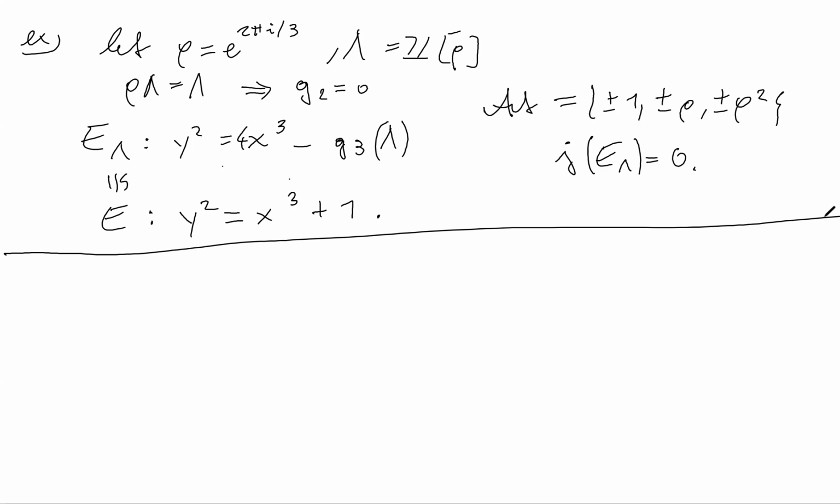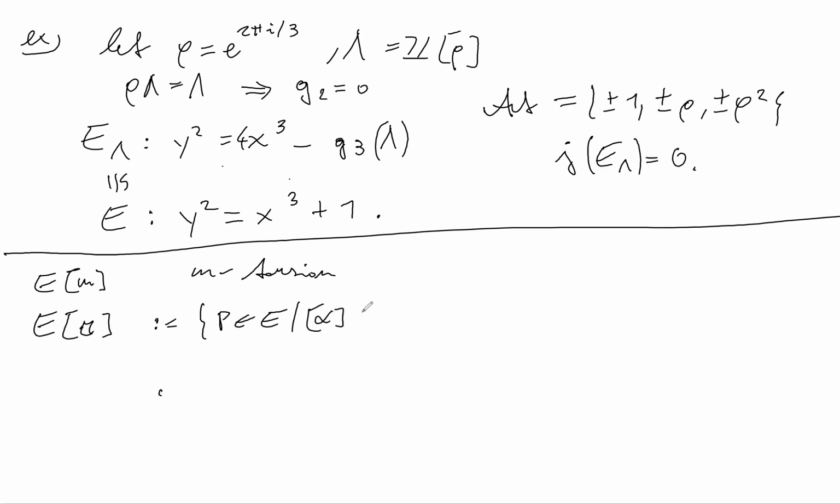So remember when we considered this, we can actually define something a bit more general. We can define E[a] for a fractional ideal a, which we're going to call simply the a-torsion. So these are all the points in the curve such that if I apply alpha to them, they are sent to the identity, for all alpha in a.